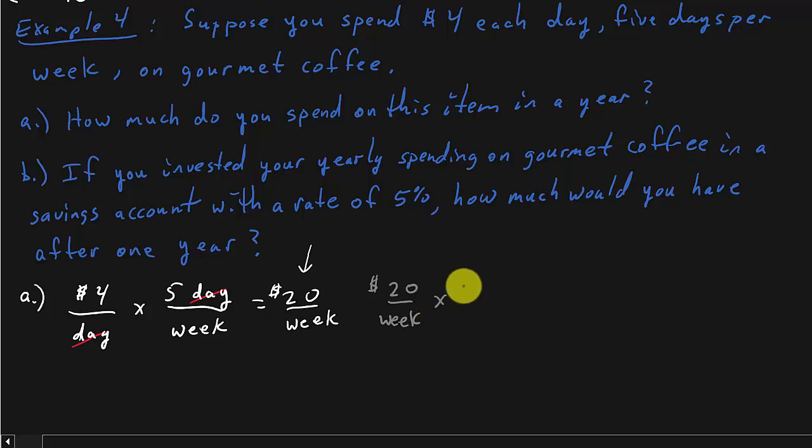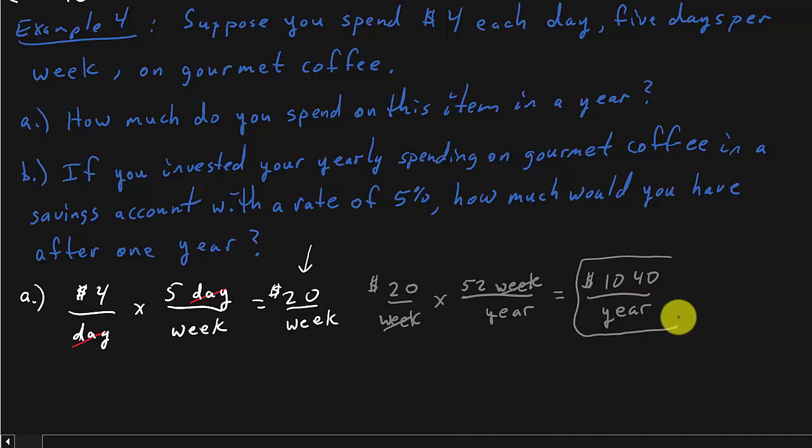So that's times, and there's 52 weeks per year. And so the weeks cancel, and that leaves me with $1,040 per year. And so this is the answer to part A.